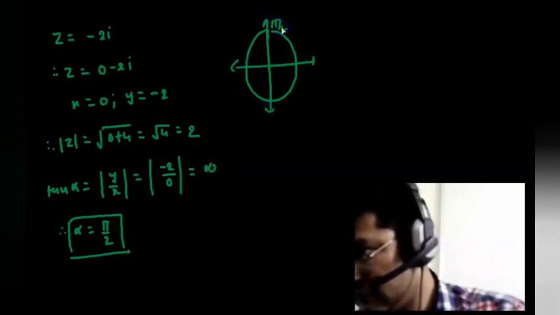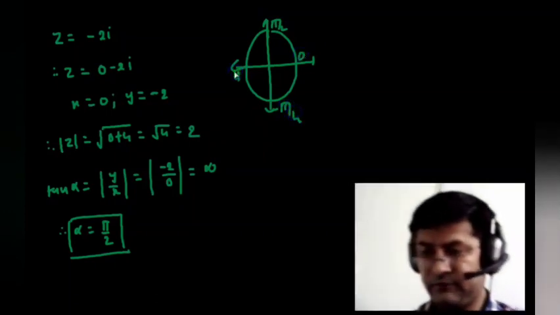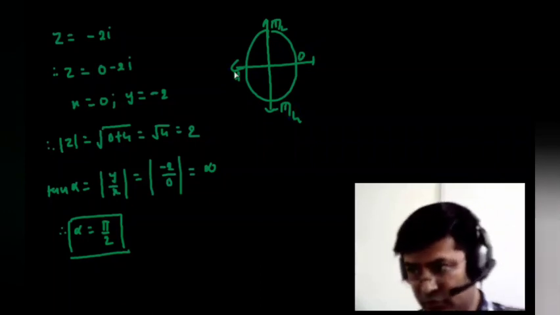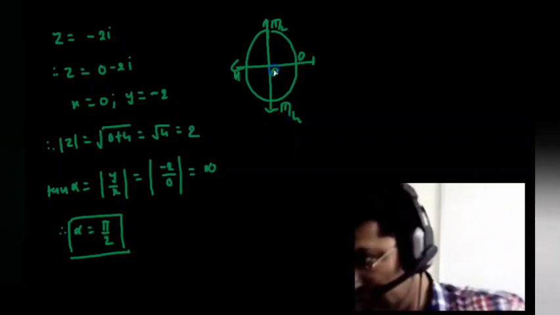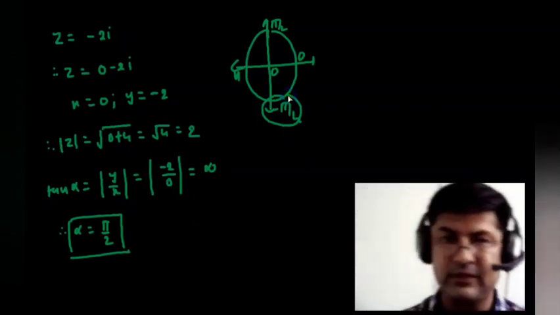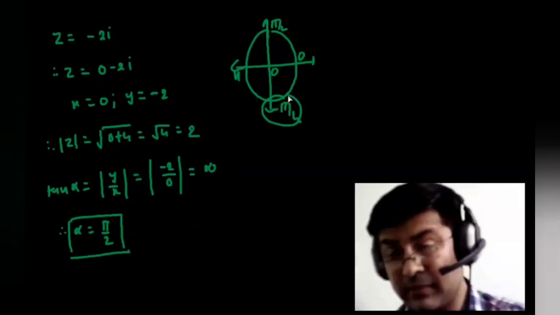Clear? Further, since x is 0 and y is minus 2, obviously the point lies on the negative side of the y-axis. Yes or no? So whenever you are given a point on the negative side of the y-axis, the argument will be taken to be minus pi by 2.